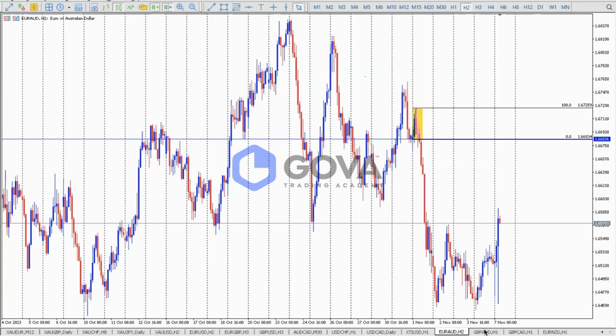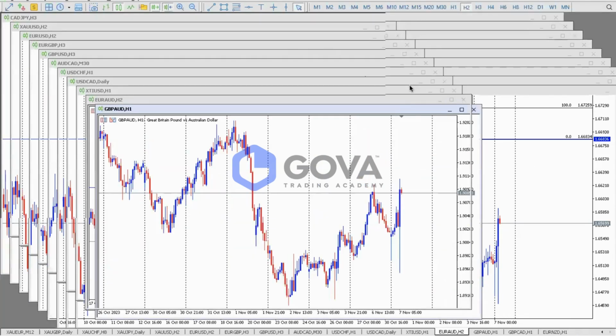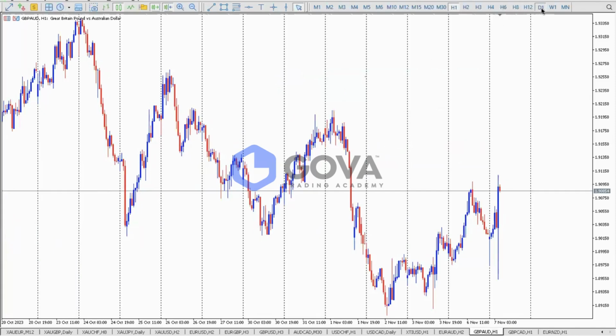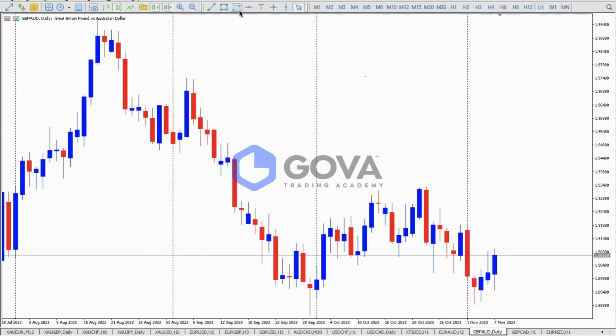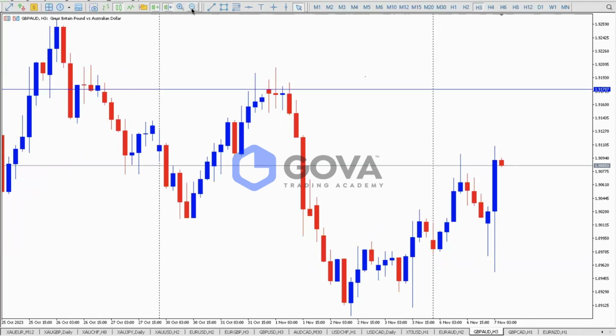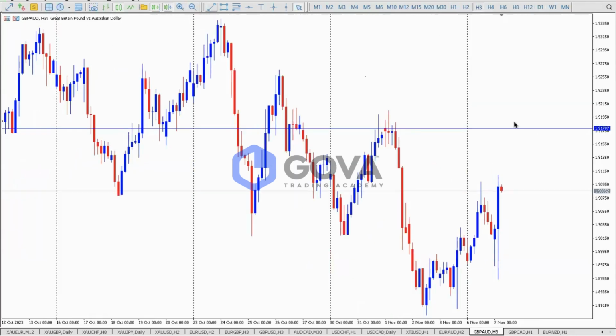Now let's move on to GBP AUD. On GBP AUD, this is what we have. On the D1 time frame, the monthly equilibrium line is here. The next thing is the H3 time frame. On the H3 time frame, we have the blue line. The blue line is above, the green line is below, since we have the current price there.